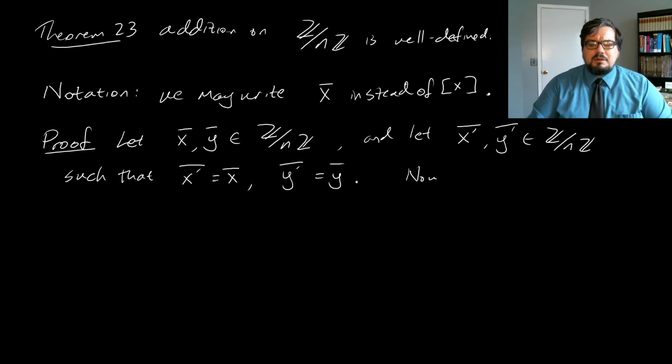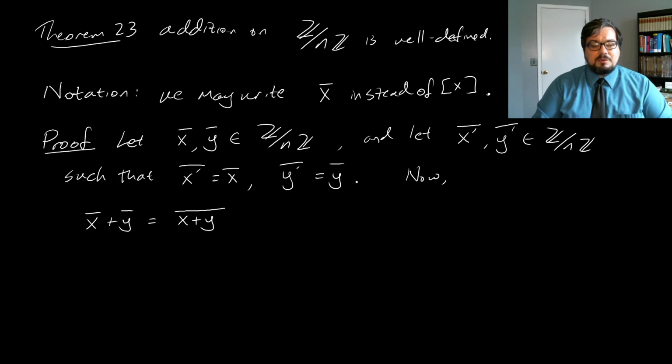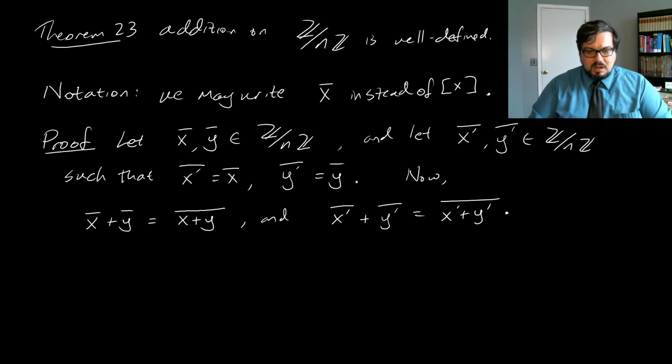So now if we want to add x bar and y bar together, that's going to give us x plus y with a bar over the whole thing. And x prime bar plus y prime bar is going to be x prime plus y prime bar.